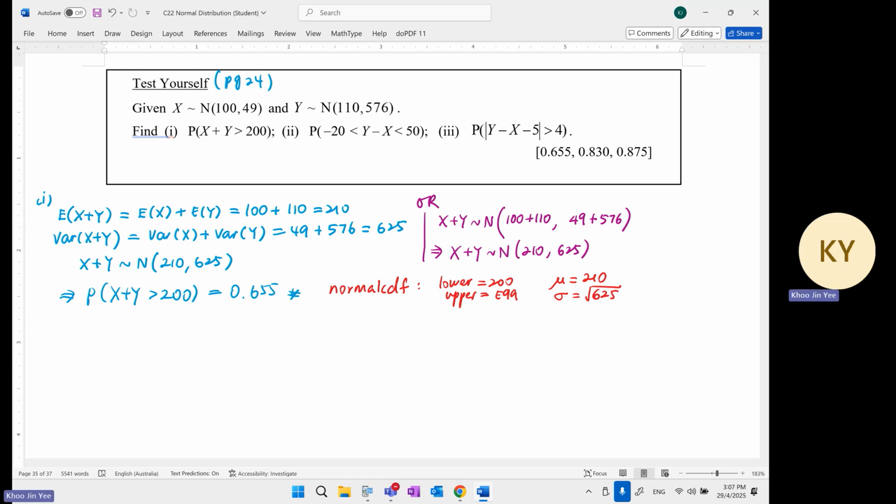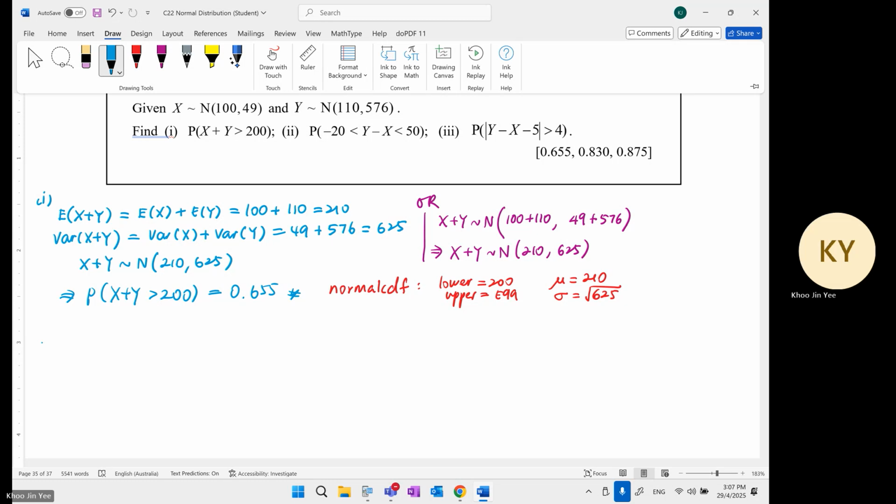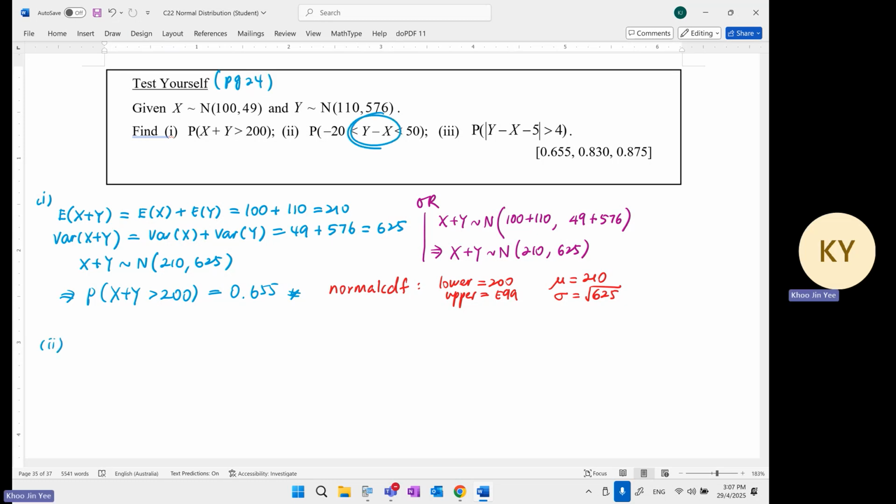Next, part 2. We are looking for y minus x. If you were to do the slow way, the expectation of y minus x would be E(y) minus E(x). So this one would be 110 minus 100, so this is just 10. The variance of y minus x is equal to the variance of y, variance of x, right?